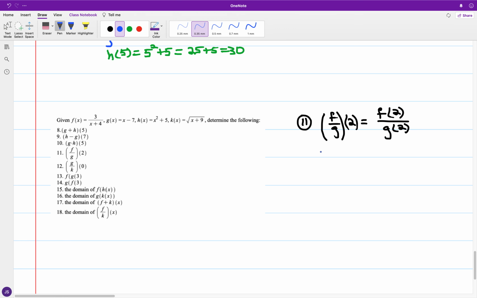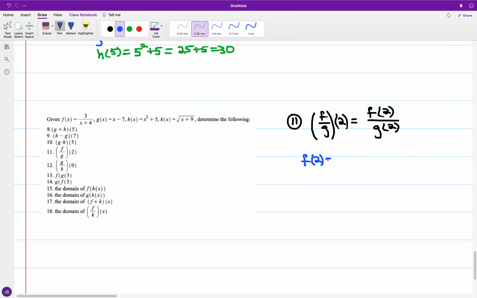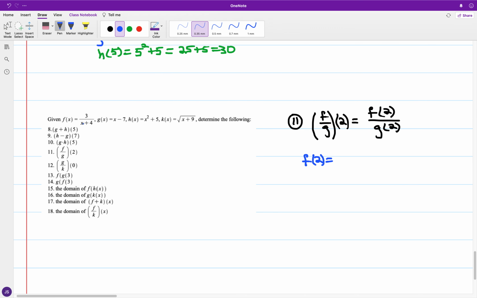Specifying f of 2, we're referencing f of x equal to 3 over x plus 4, with x at 2. So you have 3 over 2 plus 4, which is 3 over 6, and 3 over 6 is reducible to 1/2.